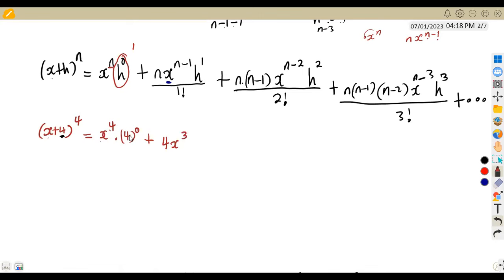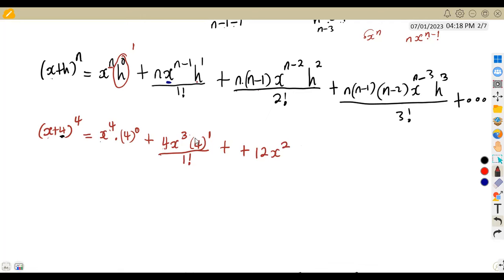Whilst h, which is 4, is increasing its powers, as you can see now, it's h to the exponent of 1. So it is going to be 4 to the exponent of 1, everything over 1 factorial, like this. So that is how we are going to have it. Plus the same thing: for x, we drop the exponent, which is 3. So it's 3 times 4, which is 12, x to the exponent of 3 minus 1, which is 2.